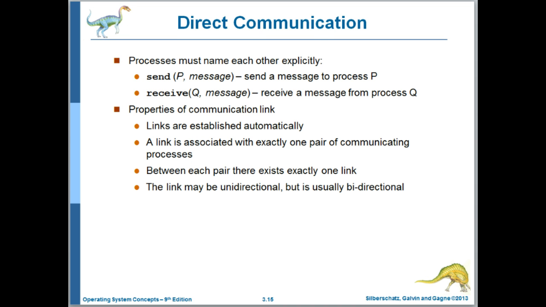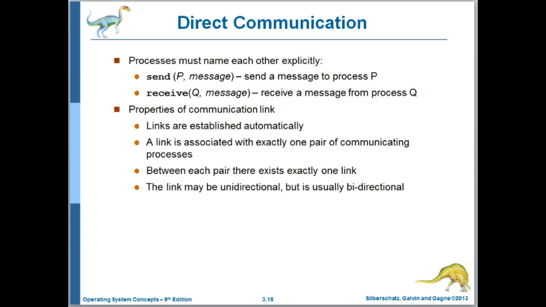Here we see the direct communication model, where the sender names the receiver and the receiver names the sender. There's no setup involved. The link is established automatically. One process just does the send to the other process.